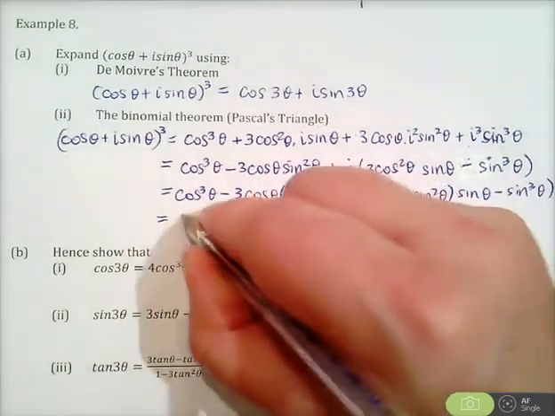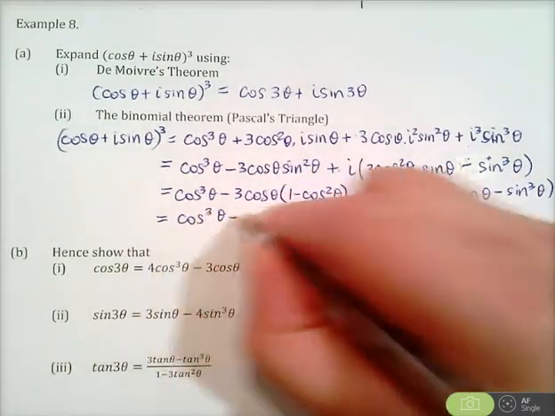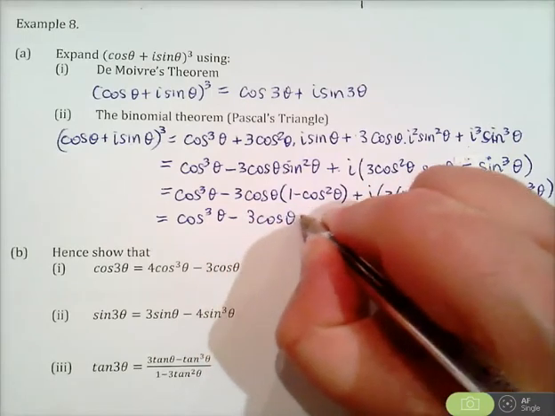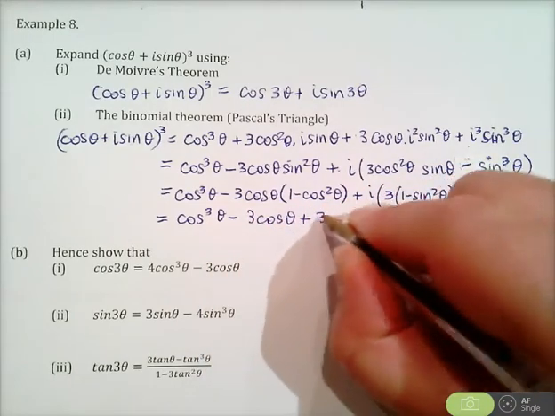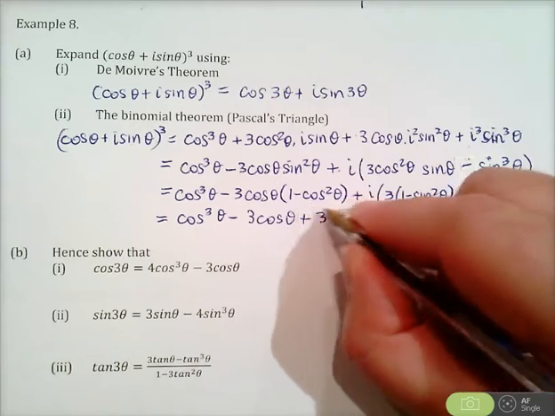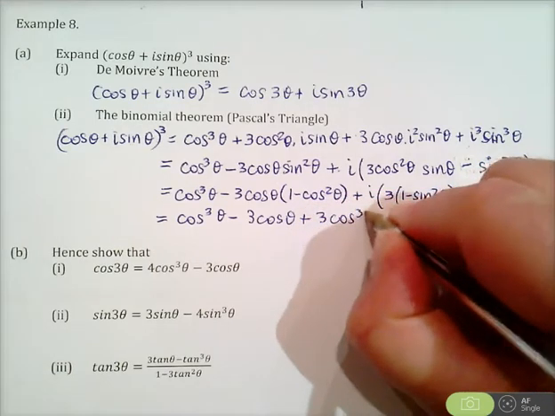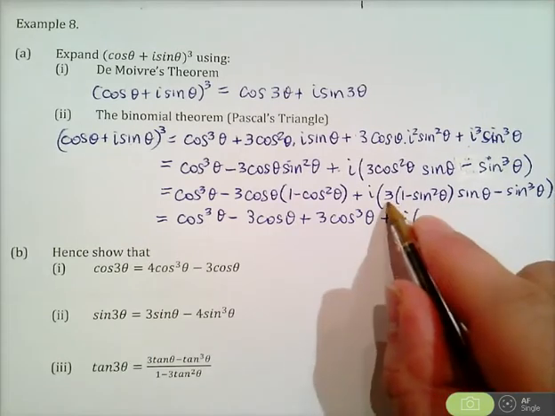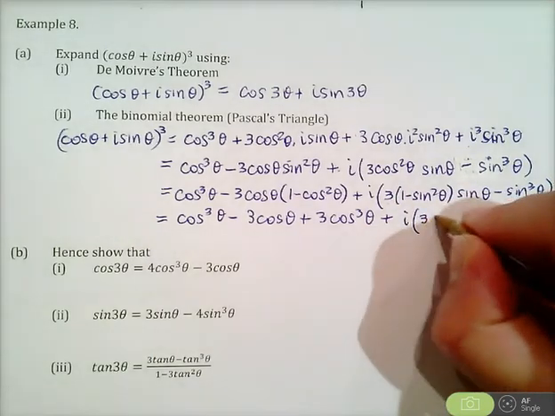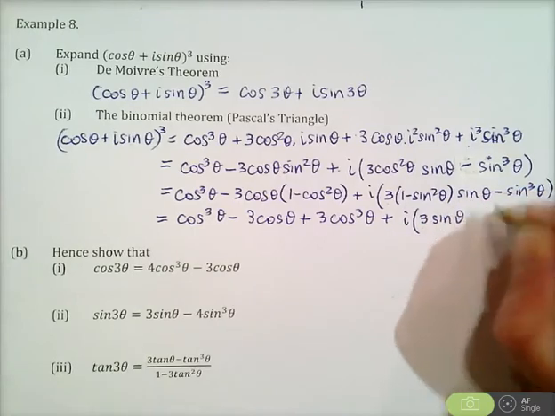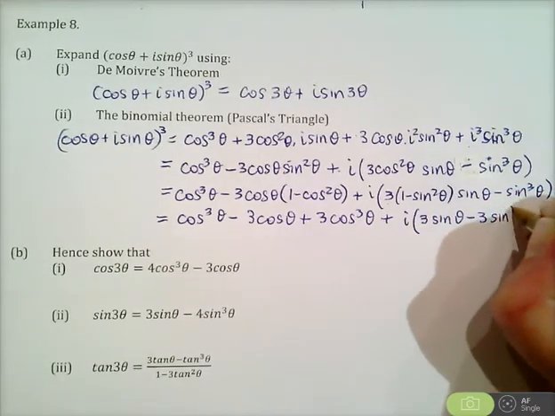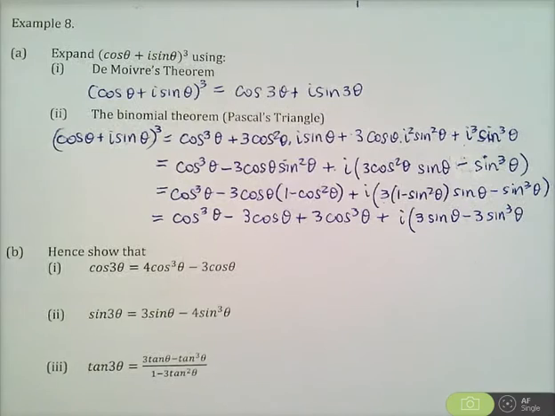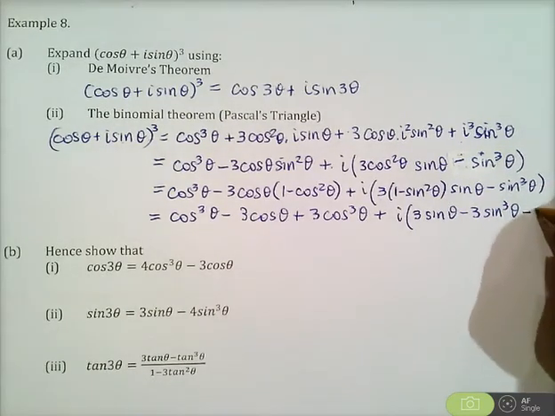Now this is equal to cos cubed theta minus 3 cos theta plus 3 cos cubed theta. Then plus i times 3 sine theta, minus 3 sine cubed theta, and then minus another sine cubed theta.